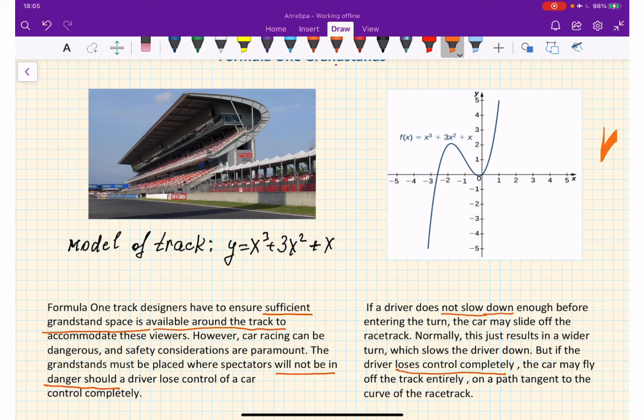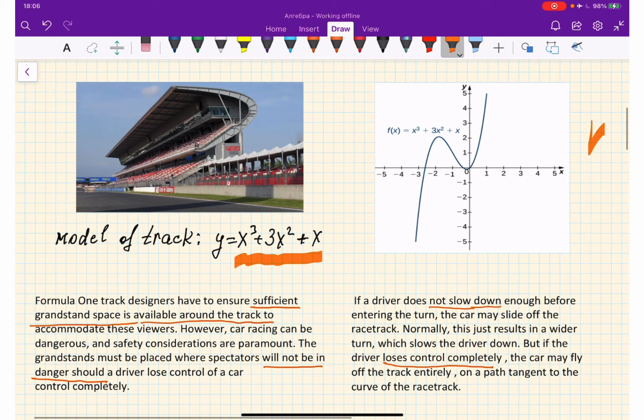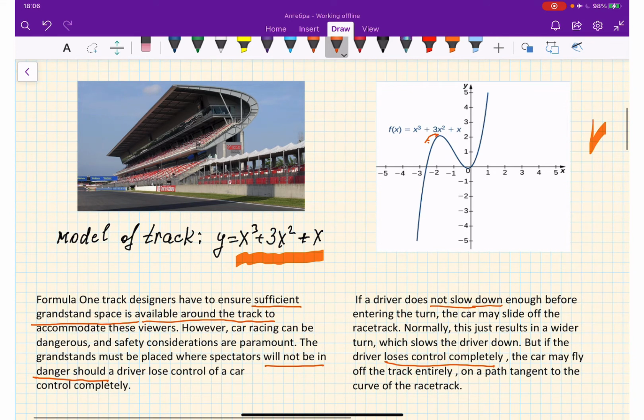the racetrack graph, and the model of the track is y equals x cubed plus 3x squared plus x, and this is our graph. So this is the dangerous curve, right? It's right here, and the coordinates of this curve are negative 1.9, and here it's going to be 2.8.